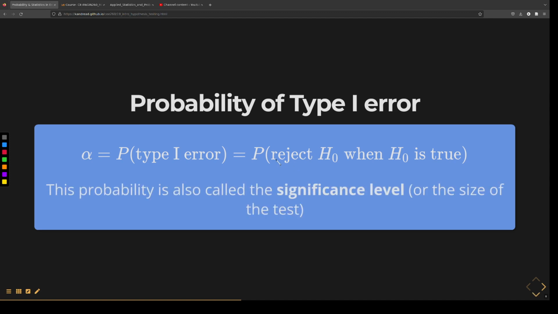So the probability alpha in this case is called the significance level, or the size of the test. As we mentioned last week, we were talking about statistical significance, and this is exactly the definition of it. The statistical significance corresponds to the probability of a type 1 error, or the probability of rejecting the null hypothesis when the null hypothesis is actually true. So we want to keep this as small as possible, of course, right?